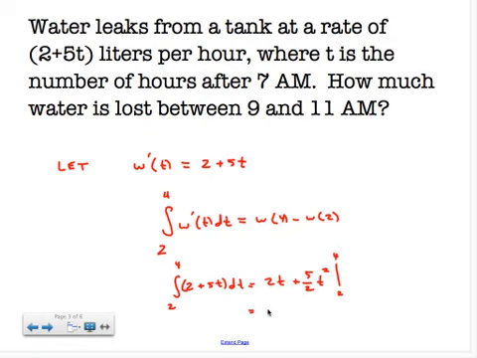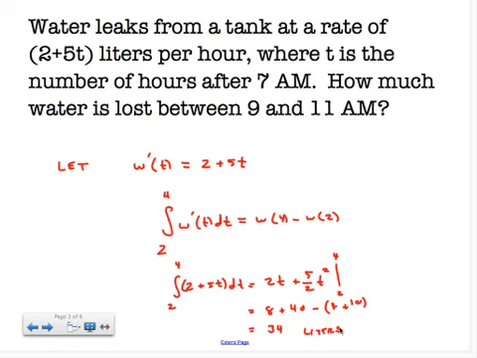So that gives us 8 plus, let's see here, this would be 16 over 2, that's 8 times 5, which is 40. And now we'll subtract what we get when we plug in 2 into the antiderivative. 4 plus, this is 2 squared, 4 over 2 is 2, times 5 is 10, plus 4 is 14. So I get 48 minus 14, 34, and my answer is going to be liters.